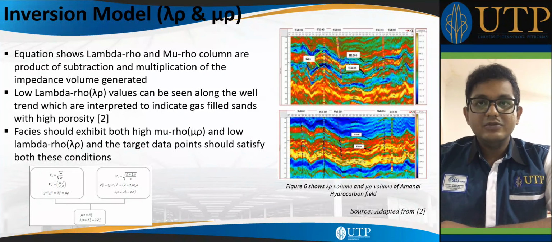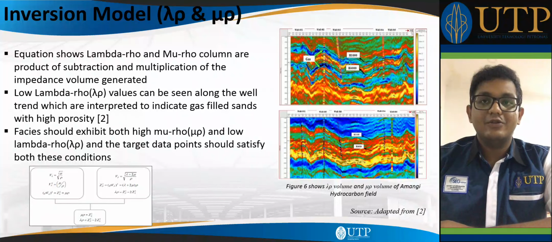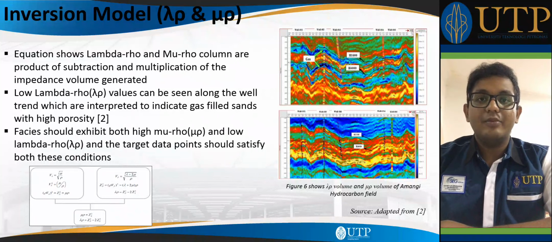So for the inversion model, Lambda-Rho and Mu-Rho analysis are initially proposed as the Lamé parameters and core parameters, where lambda and mu are the Lamé parameters, while the density is the core parameter.